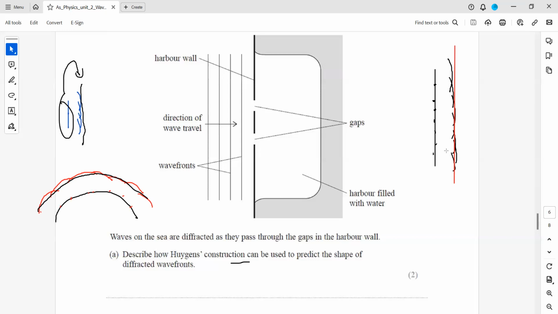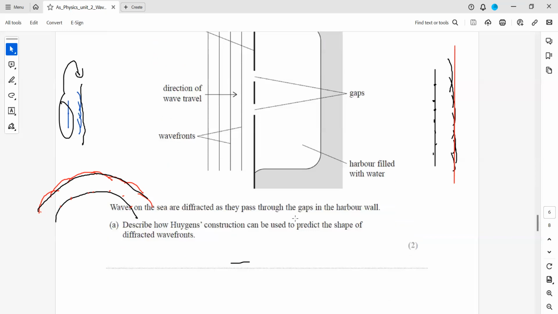But we don't have to construct that, we have to describe. So how can we use the Huygens principle to construct the secondary wavefront? We will mark points on the primary wavefront and use them to work out the position of the secondary wavefront.